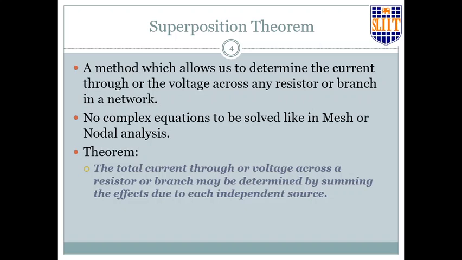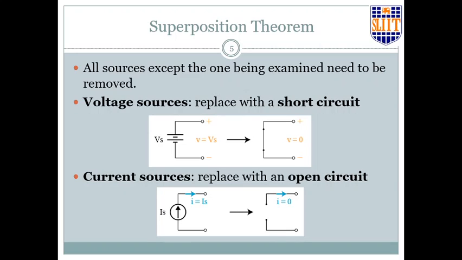We know that we have multiple sources in the network. If we had one source, then the method is straightforward, like what we discussed in the early stages. But when you have multiple, we can consider one source by one source and then find out the value that you want to find. Let's look at what we need to do.